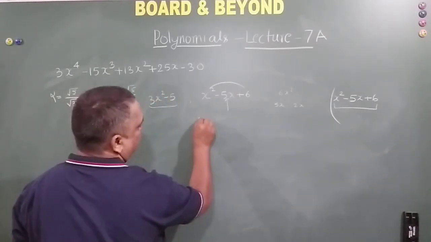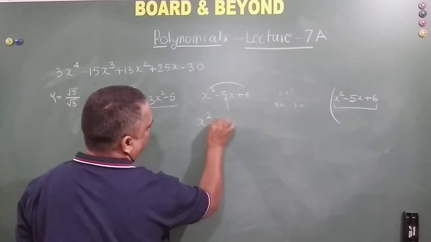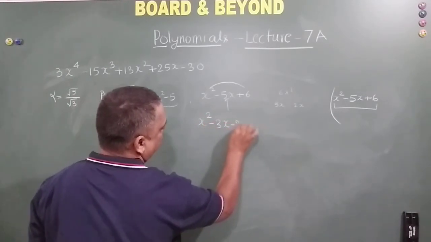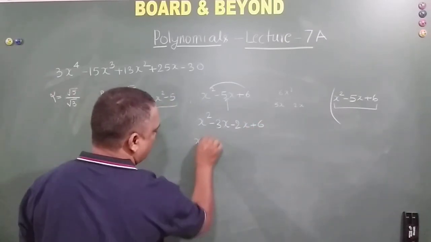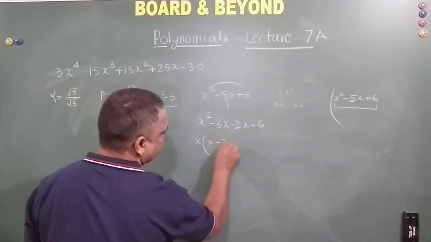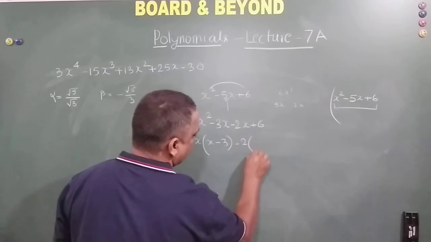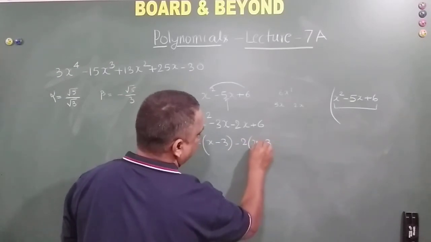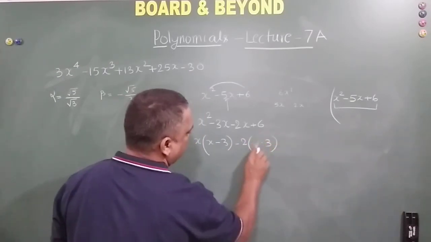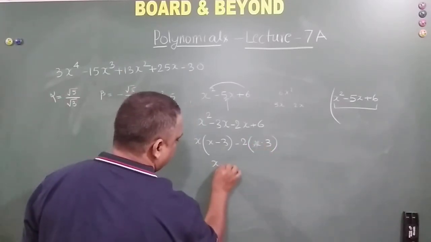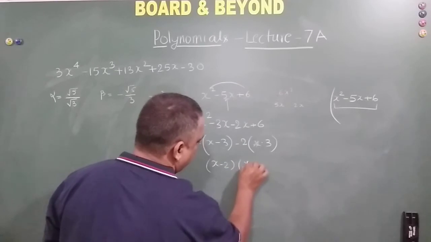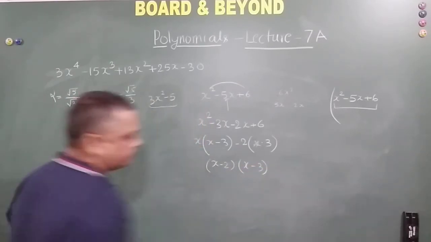So x square minus 3x minus 2x plus 6, right? So taking x common here, this leaves me with x minus 3. Taking minus 2 common here, x minus 3. Right? So this is nothing but x minus 2 and x minus 3.